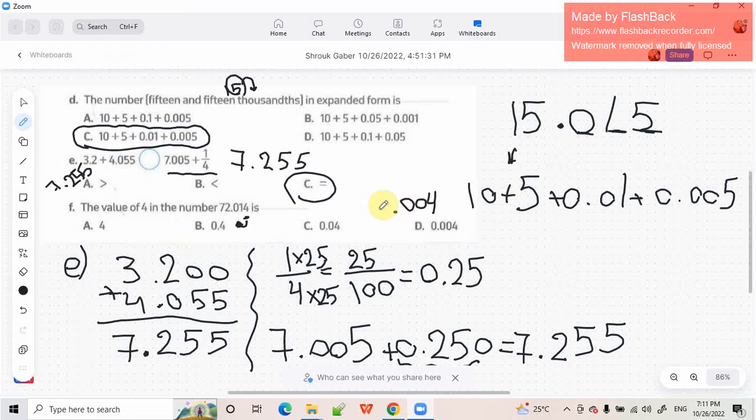Put a decimal point and put 0 in the whole part. So the value of the digit 4 is 400. Okay, any problem?